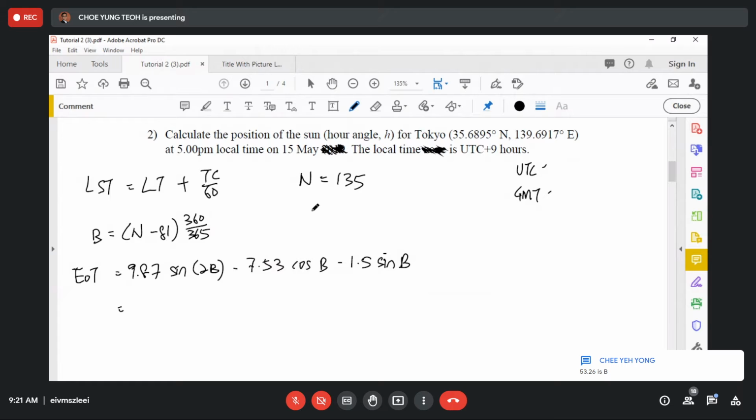Oh, 53.26 is B. Okay, okay. Thank you. The rest, check the answer. If you can see, you can get the same answer. So EOT is 3.7562.